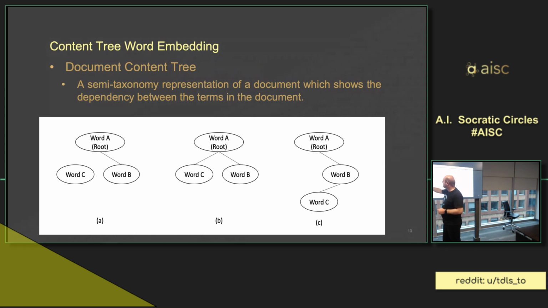We are comparing the word vector of word C with word A and word B and all other words in the tree, comparing the similarity or distance or any measure that we can use.